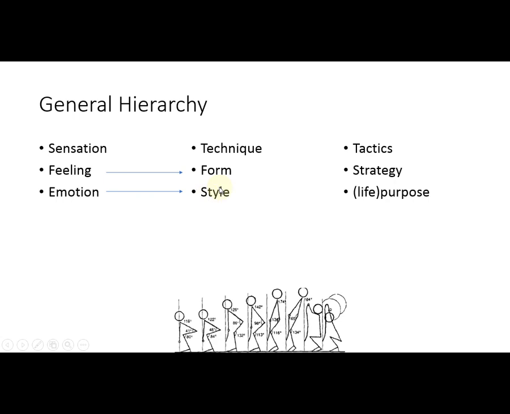So what is style? The form of the forehand drive might be expressed in many different ways from an individual, and you can see it and say, this is a forehand drive, this is the form of a forehand drive, I recognize it.